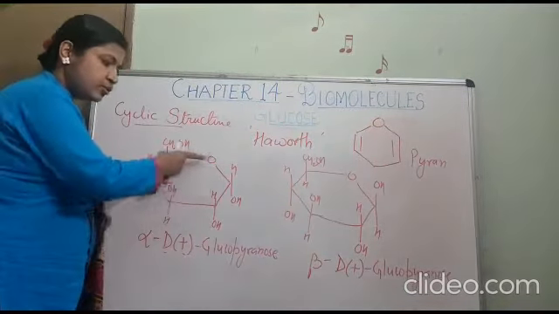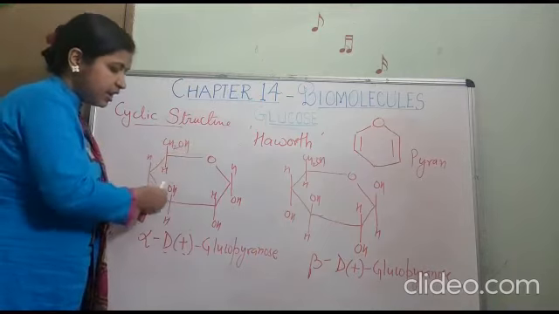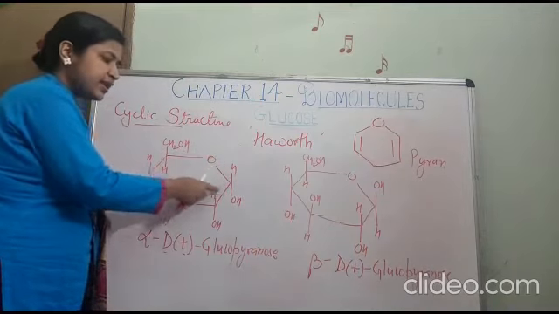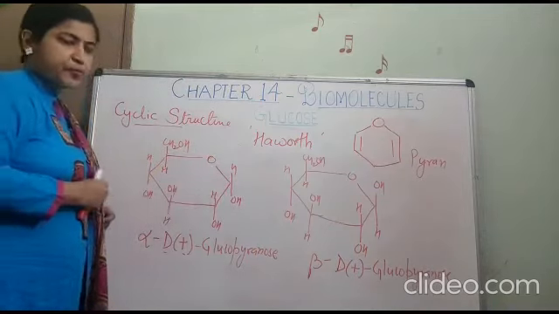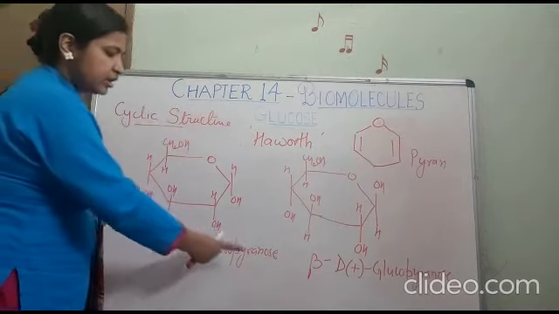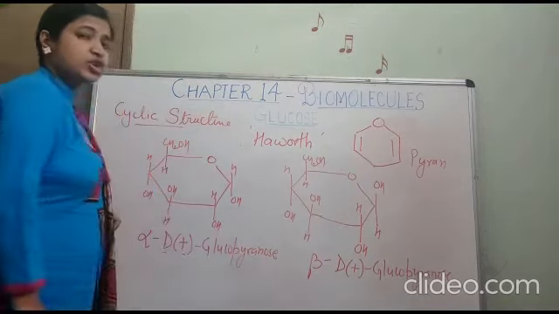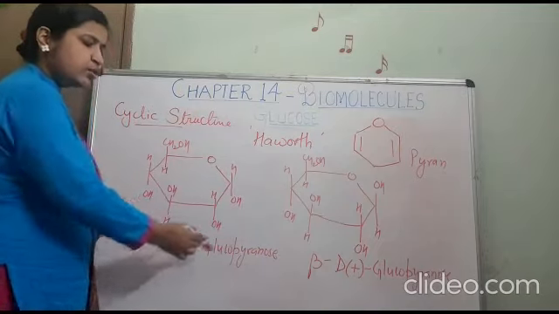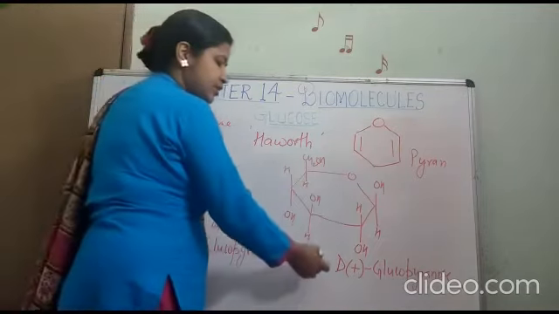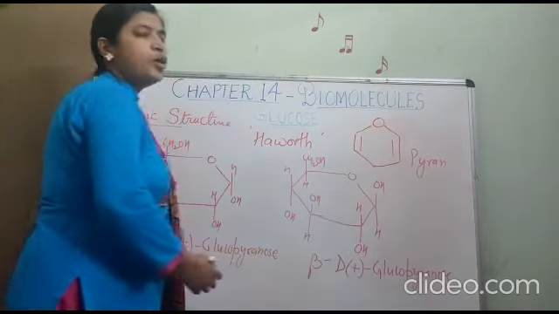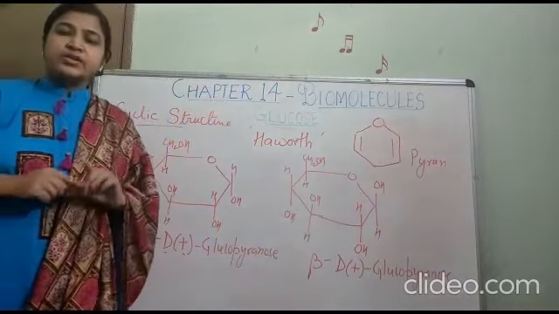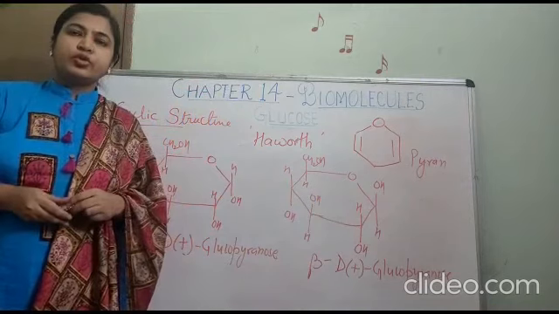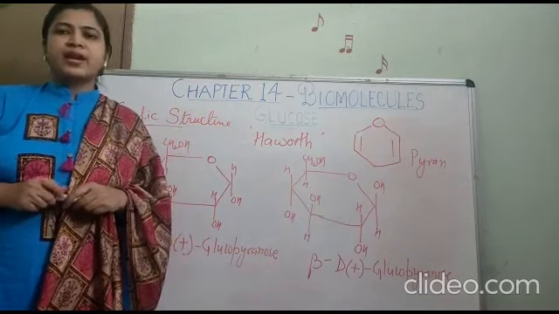In the structure of glucose also we have a hexagonal ring with 1 oxygen and 5 carbon. Due to this similarity, the name is given as glucopyranose. So this structure is alpha D plus glucopyranose, and this structure is beta D plus glucopyranose. So that's all about the structure of glucose. I hope you understand it very well.